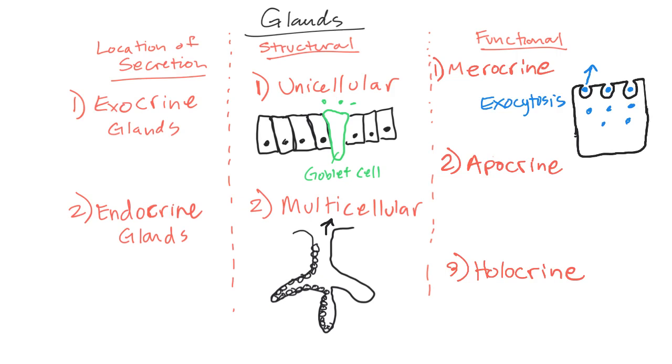Okay, but it's not a part of the cell, it's just produced in there and then released. So merocrine refers to that, it'll make more sense when we talk about the other two.